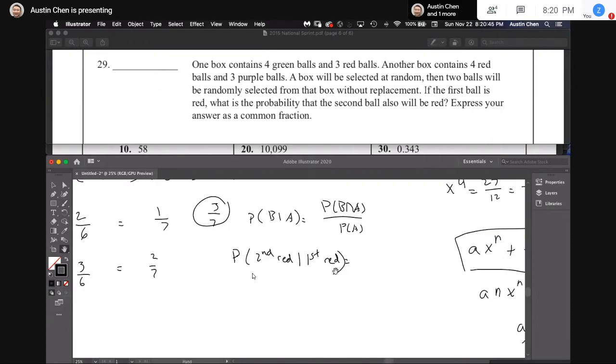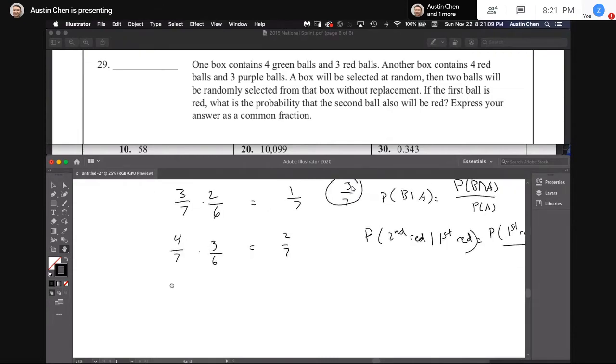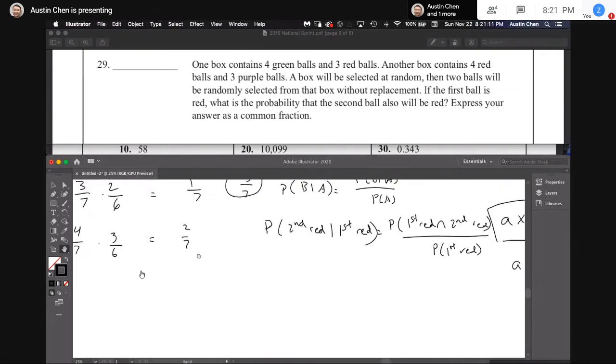So this will be equal to the probability of first red and second red over the probability of just the first red. The probability of first red and second red. Okay.